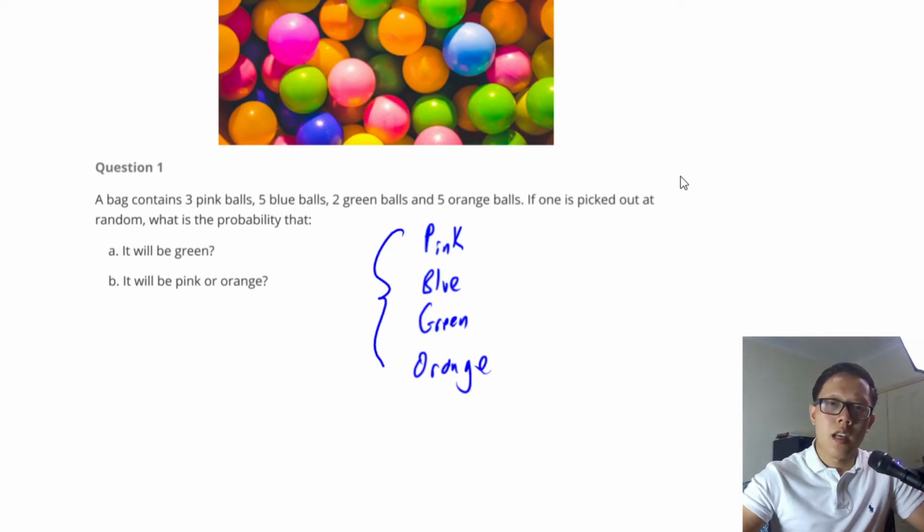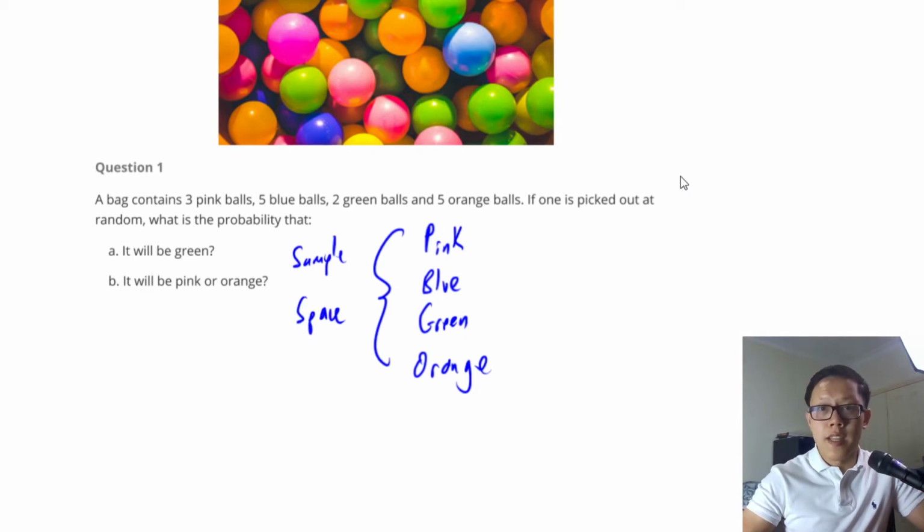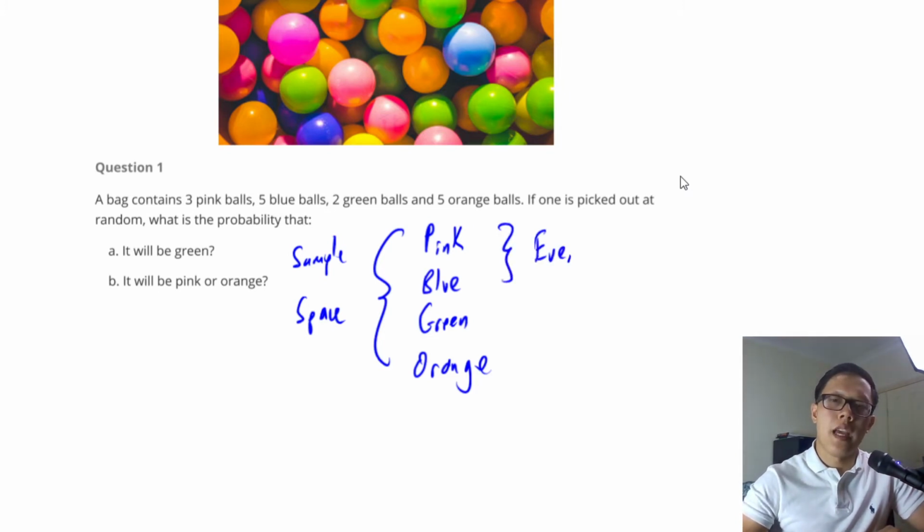So this collection right here is our sample space. And each of these individually are outcomes of our experiment. And an event is a collection of outcomes. So pink or blue, this could be an event.